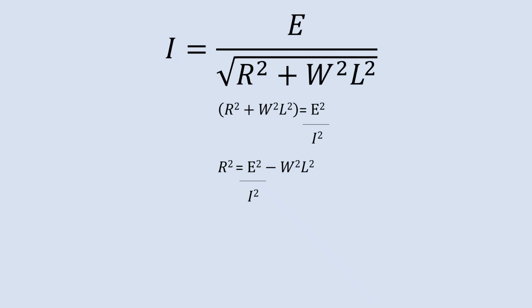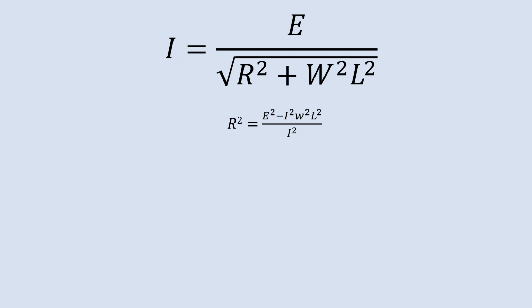But because the question clearly states that we need to leave this in its simplest form, our expression becomes R squared is equal to E squared minus I squared W squared L squared, all divided by I squared.